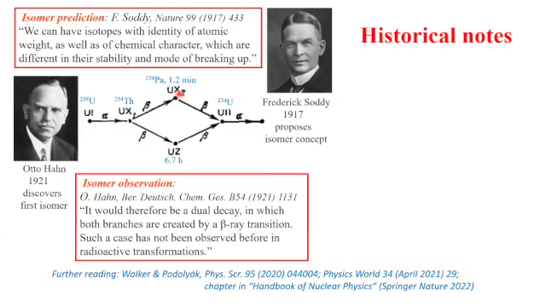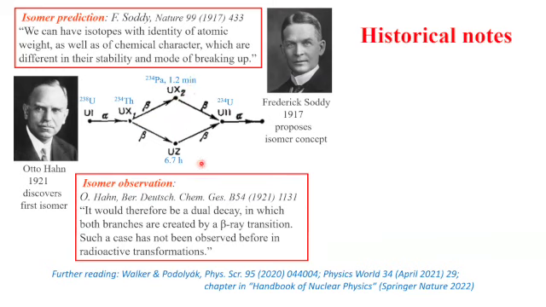And a few years later, Otto Hahn found some evidence for an isomer in protactinium-234, although it was called a different thing at the time. He was looking at the decay series of uranium-238, and he realized that he was making two different states of the same nucleus with different half-lives.